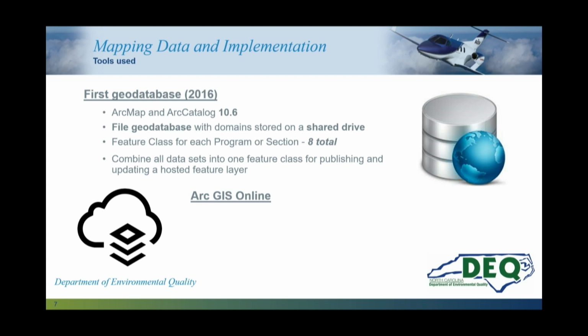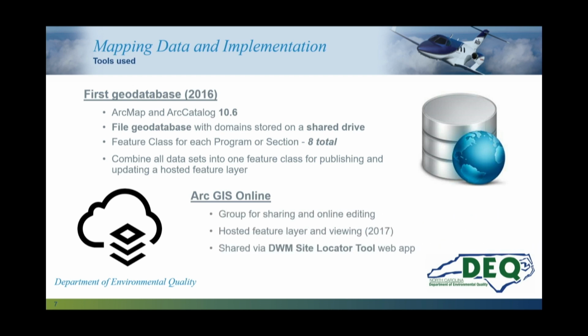And then we combined all those into one feature class for publishing. And that's where ArcGIS Online came into play. So that went a long way in updating and just having it available as another way for these agencies to connect to.